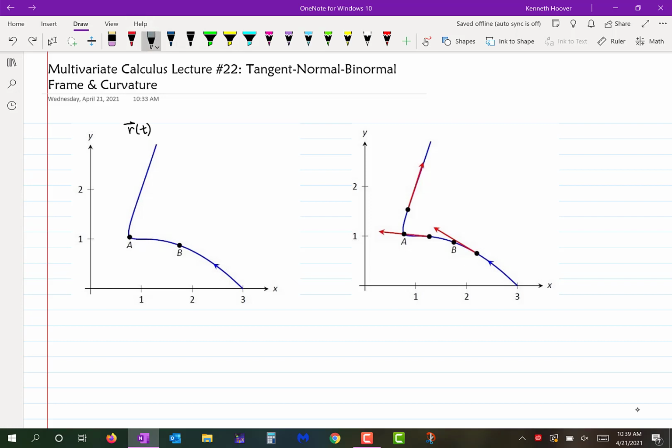When I say the particular point, I mean this first vector is coming from that point. The second one's coming from this point. The third one's coming from this point. The red vectors at those 3 points are tangent to the blue curve. And that's what we mean by they're pointing in the direction that the curve is traveling. Or I should be a little bit more specific.